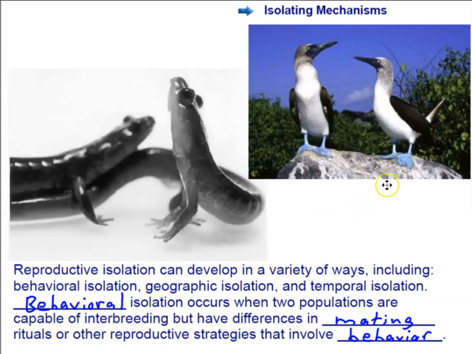That's an example of what we call sympatric speciation. Sympatric means one country. So in other words, one population, even though they are in the same area at the same time, they split into two populations due to behavioral isolation.